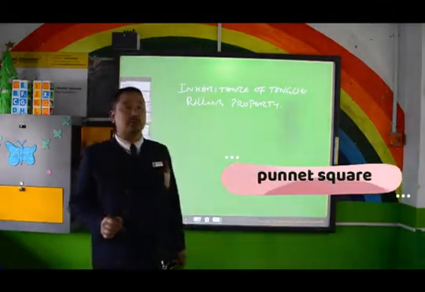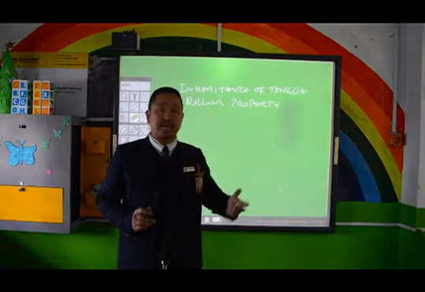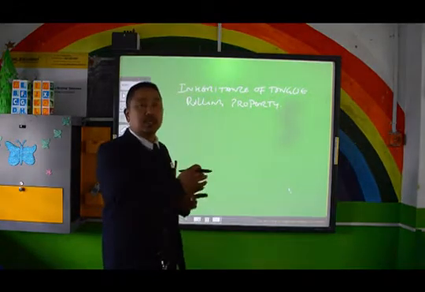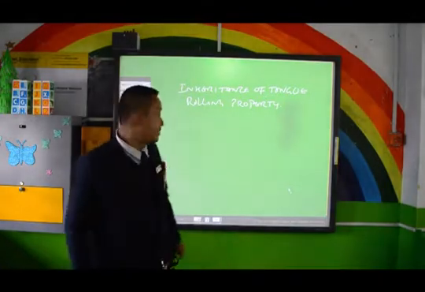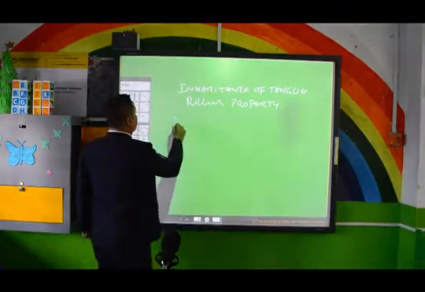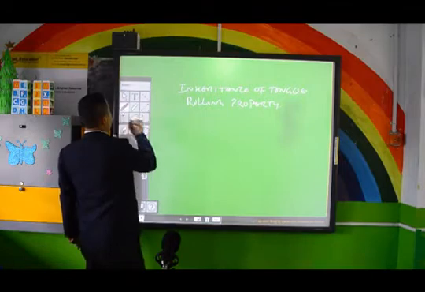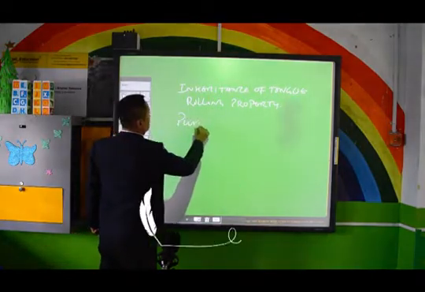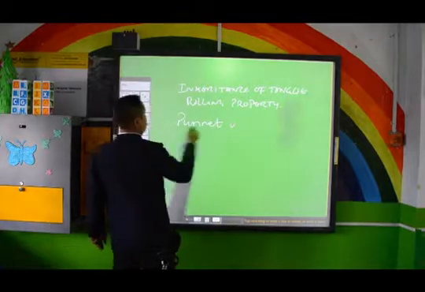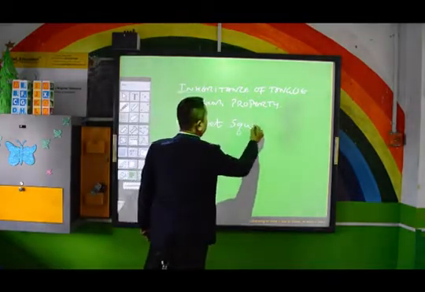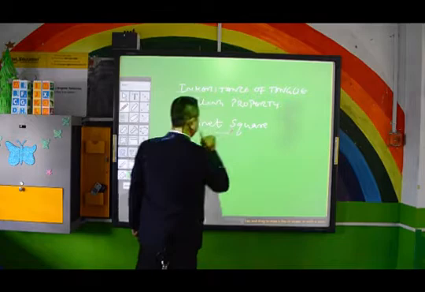Square also, we can understand how this tongue rolling character is inherited by the children. Unit square. Alright?